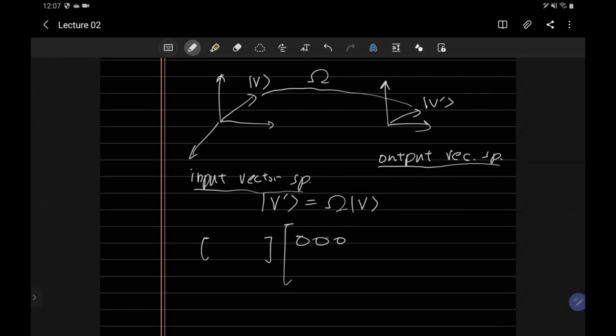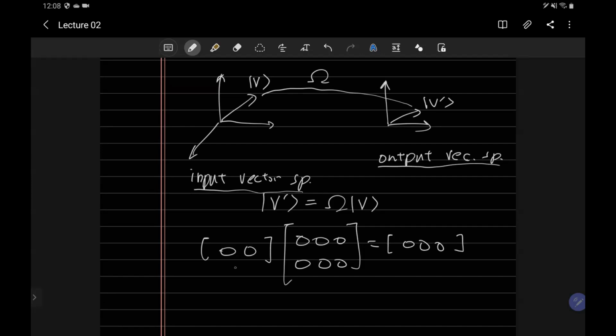When a two-dimensional vector is multiplied on the 2 by 3 matrix, the output result will be three-dimensional.